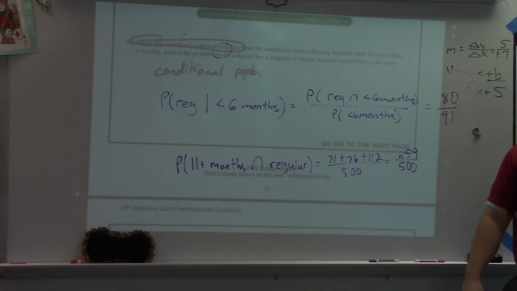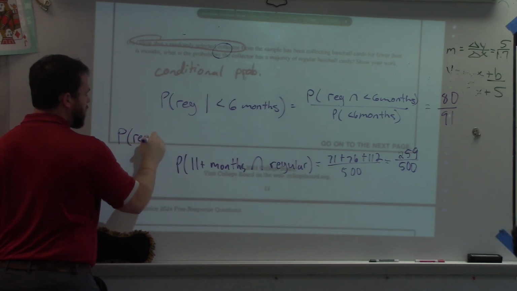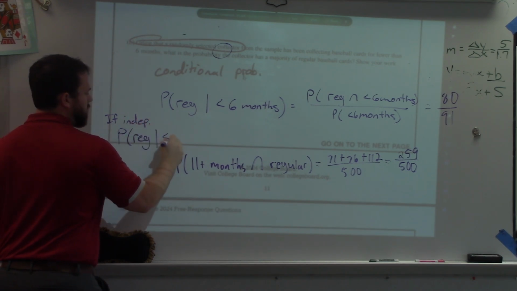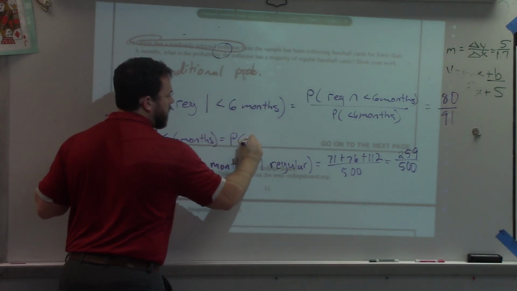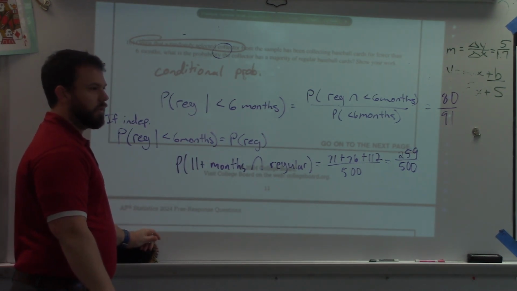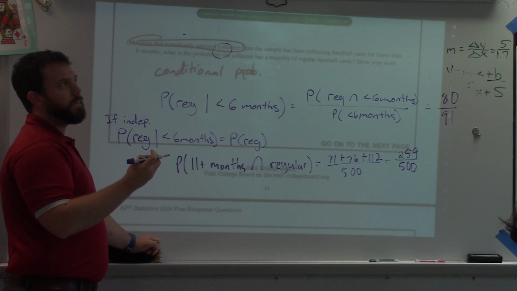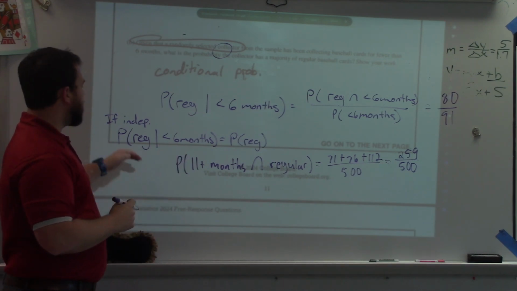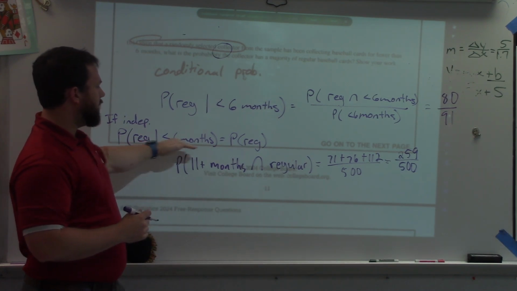Remember, if they're independent, that condition doesn't matter, so that would just equal the probability of having regular cards. So keep that in mind. You're 100% right: if we're looking at the association for all those categories, then I would have to do that. But if it's just looking at these two events, this would need to equal the probability of regular.